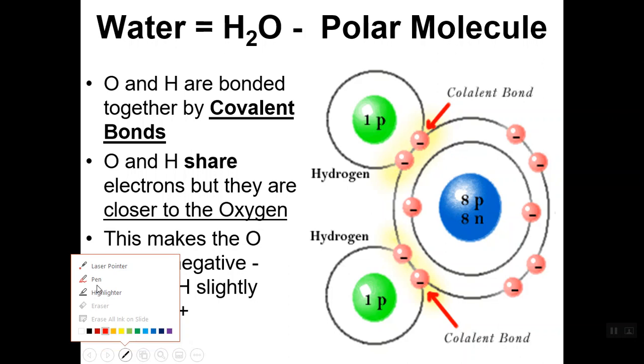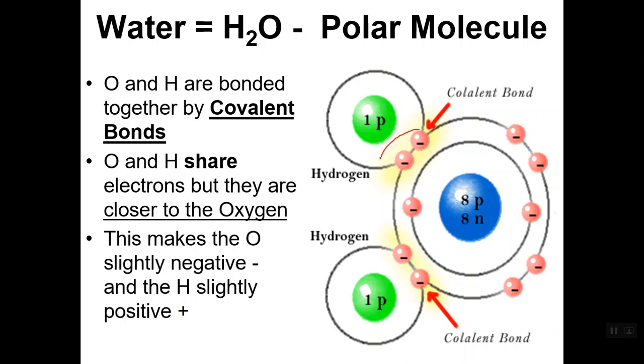Let me bring this tool up. Again, these electrons are being shared, which means they are covalent. Sorry, I can't even spell covalent right. Those are covalent bonds. So there's a bond right here, and there's a bond right here.